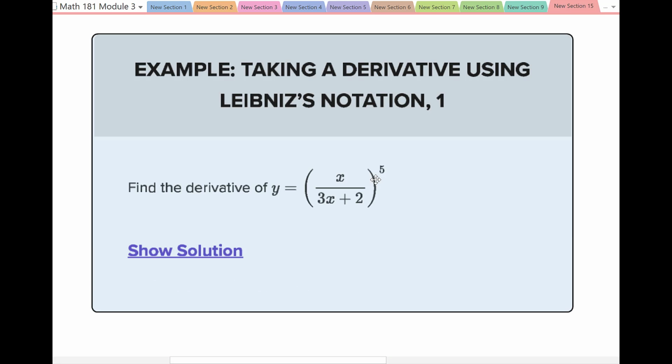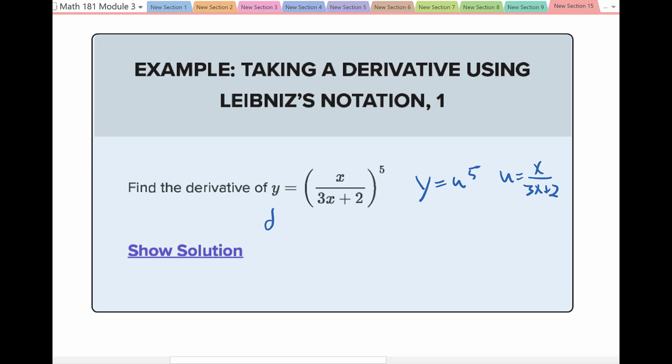In this example, we have: find the derivative of y equals x over 3x plus 2, to the fifth power. We can identify that y equals u to the fifth power, and that u equals x over 3x plus 2.